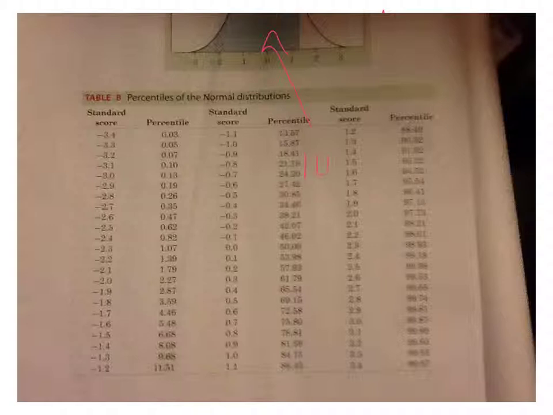So 100 minus 94.52 is going to be 5.48%, and to make that a decimal version, or a proportion, I just divided by 100. So now I gotta make a decision.